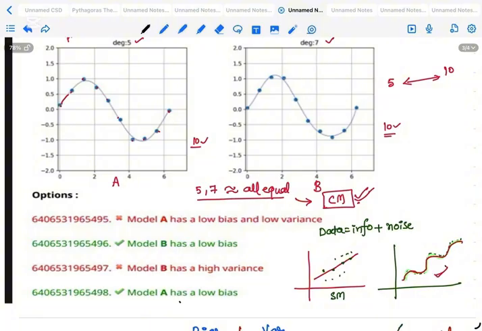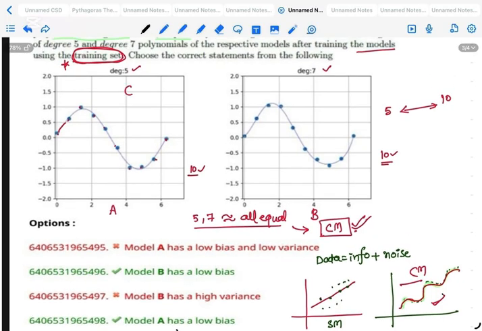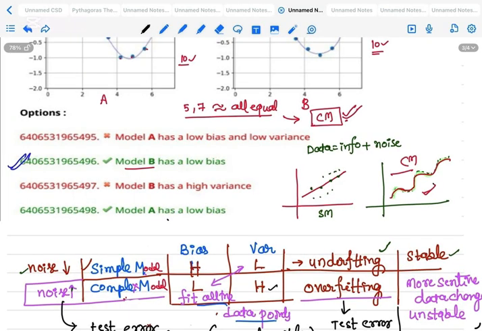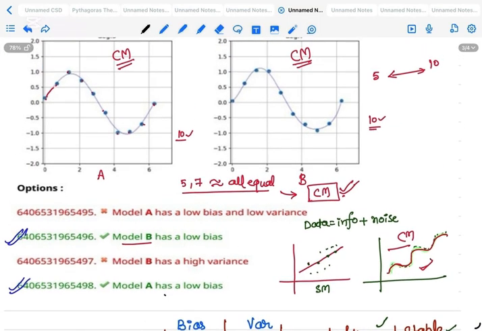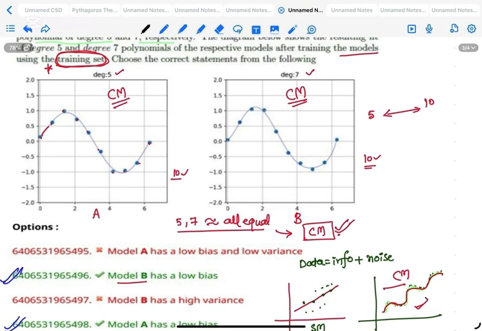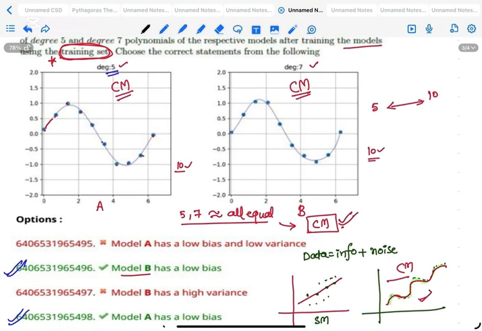So degree 5 is also a complex model, and degree 7 is also a complex model. Model A is also complex, but slightly lower than model B. This is degree 5 and this is degree 7, so one is moderate degree and the other is slightly higher.